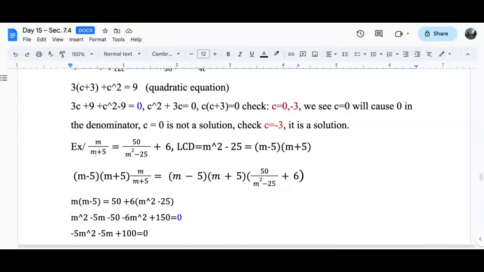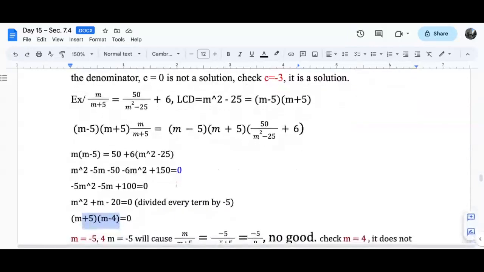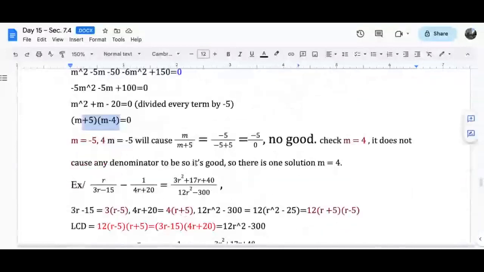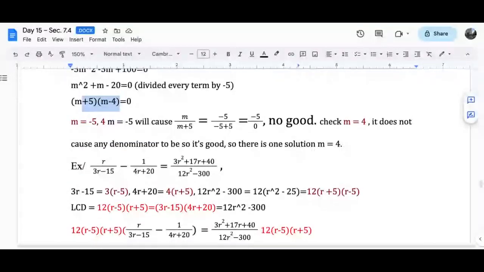4 divided by 4 plus 5 is 4 over 9, equals 50 over 4 squared, which is 16, minus 25, which is not 0 either, right? So it does have a value.